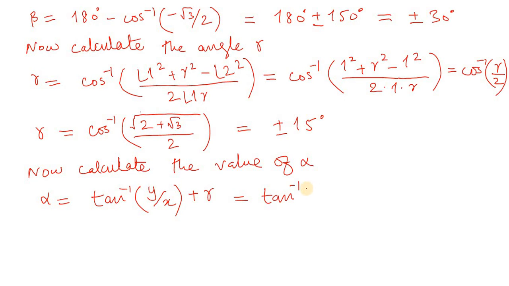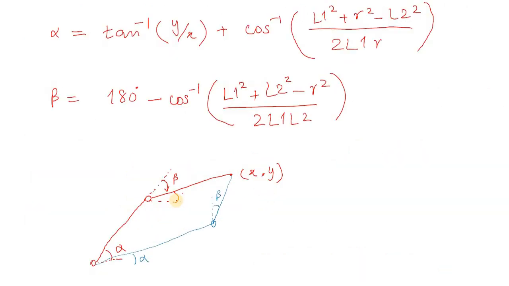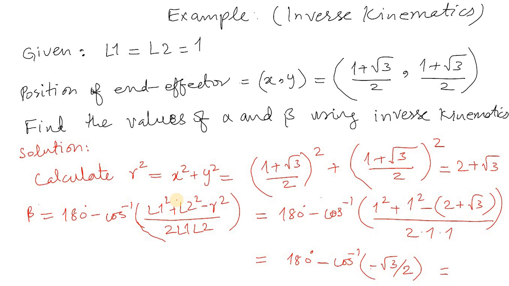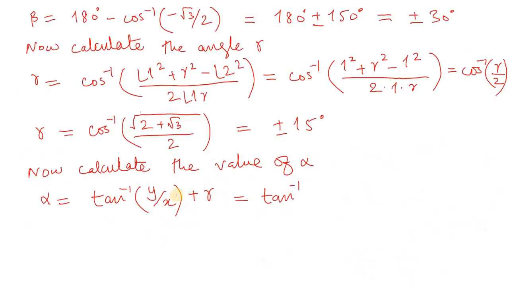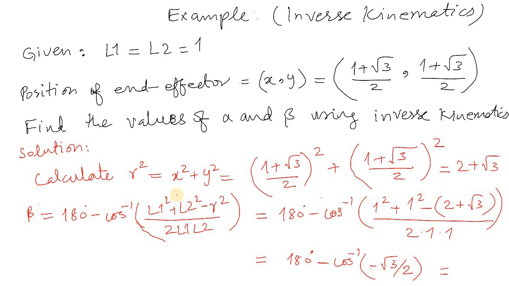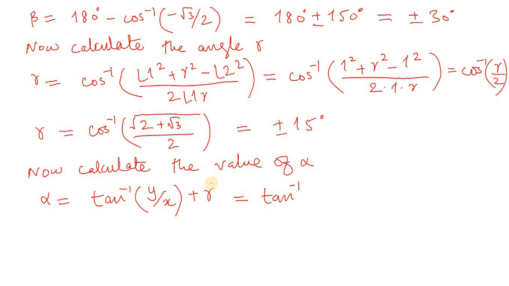Tangent inverse of, because y and x both are 1 here. You see we have, they're not 1, but their ratio is 1. So they have same values. This is x and this is y. Okay, and when you divide them here, when you put them y over x, then you will get same value.